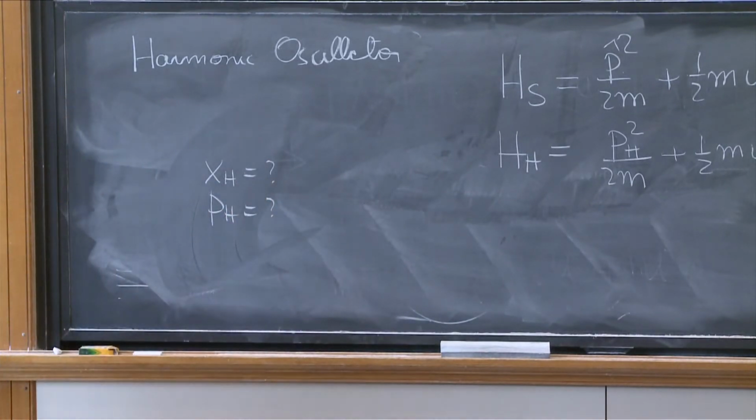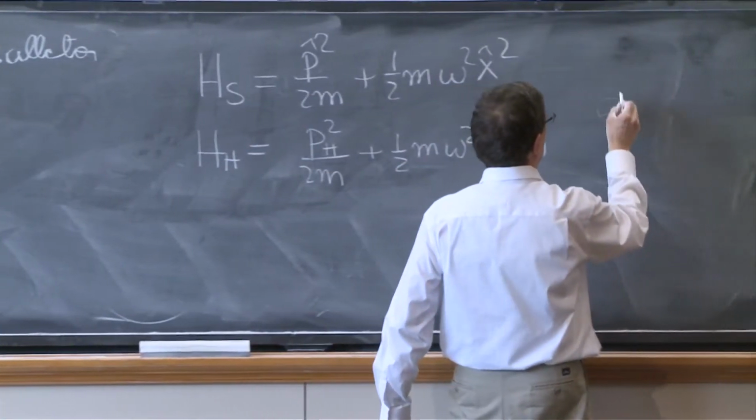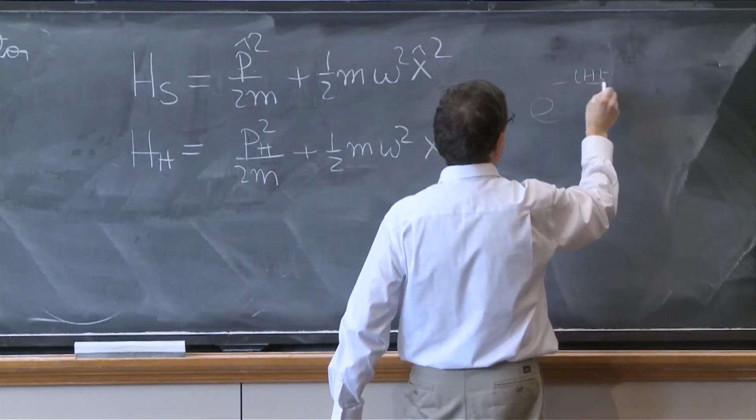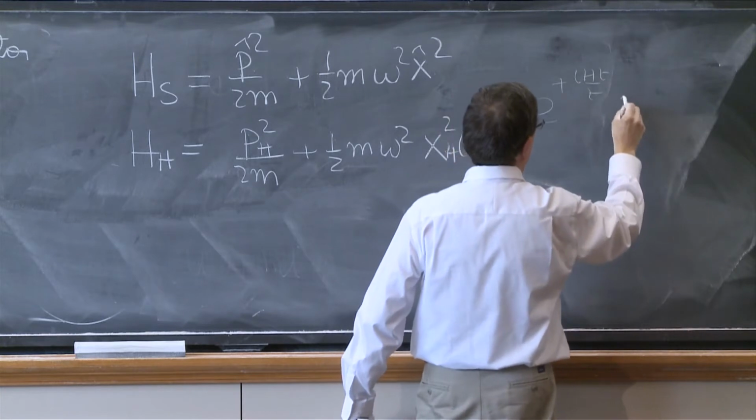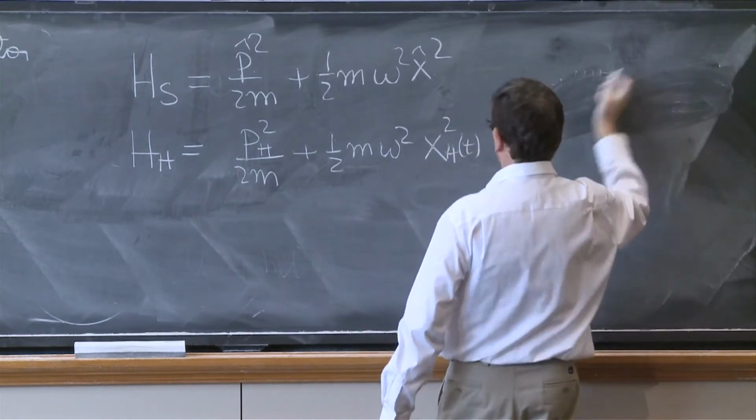Well, I don't know how to get them unless I do this sort of U thing that doesn't look too bad, but certainly would be messy. You would have to do an exponential of e to the minus iHt over hbar with the x operator and another exponential. Sounds a little complicated.